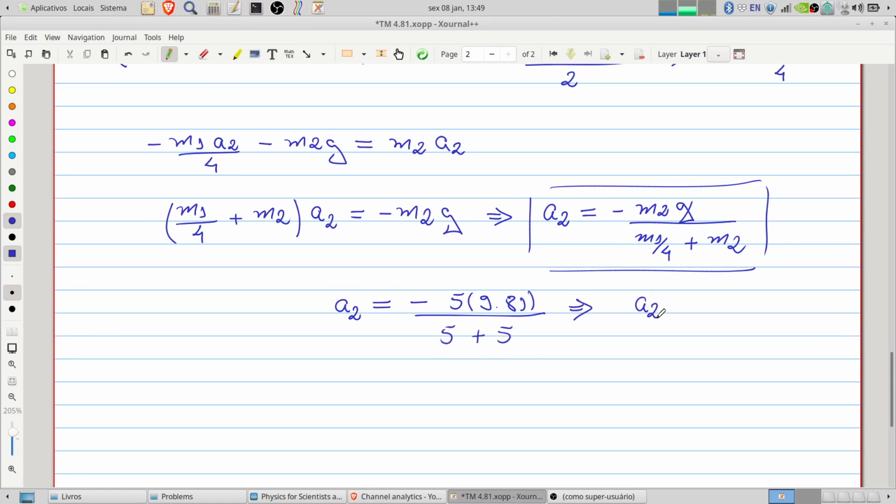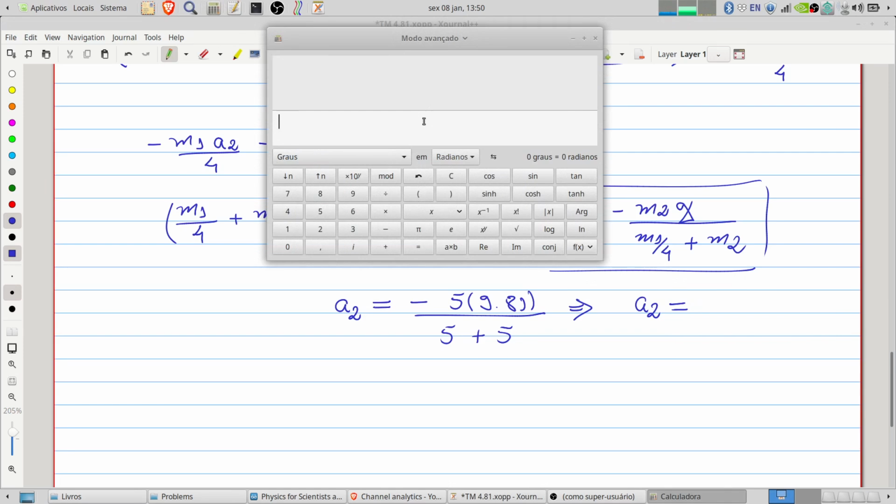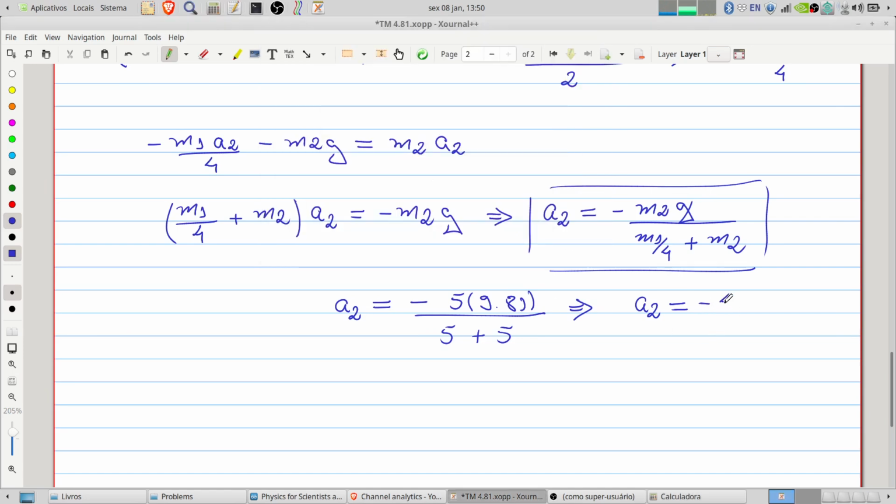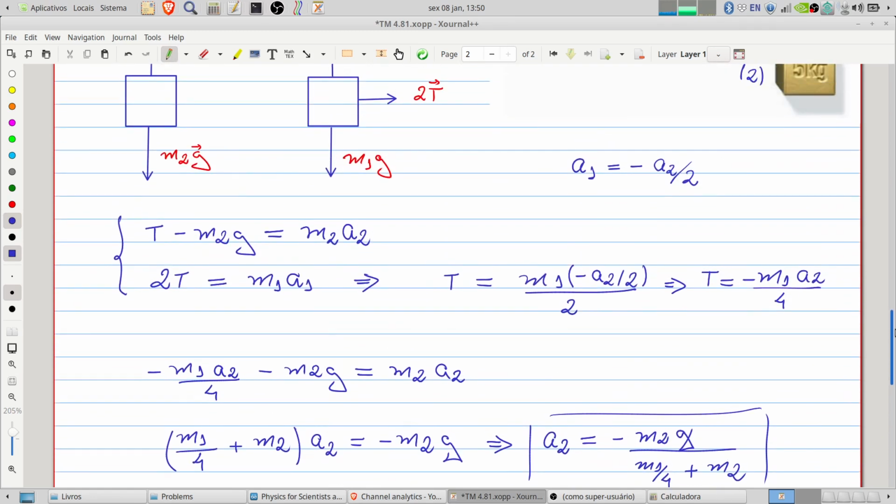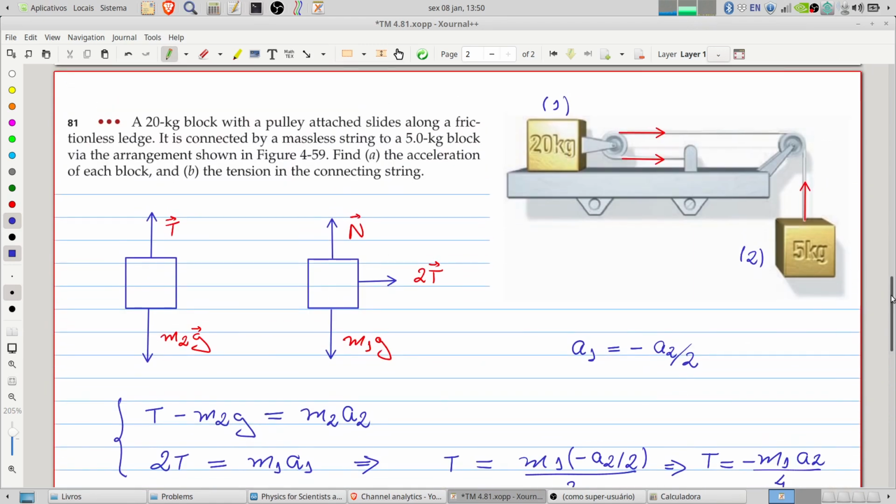Therefore, a2 equals, let's use our calculator here, 5 times 9.81 divided by 10, minus 4.91 meters per second squared. Okay, this is the acceleration of block 2, 5 kilograms.